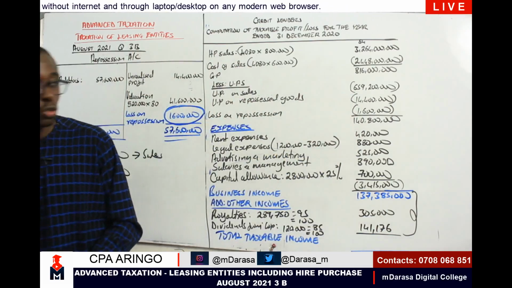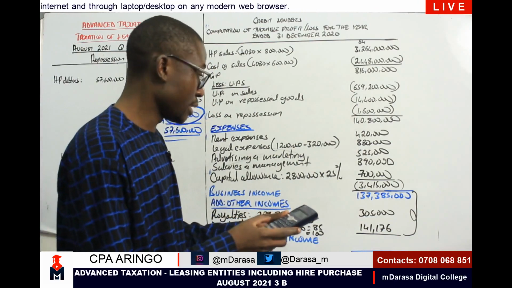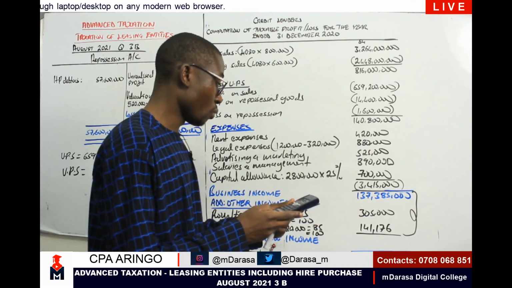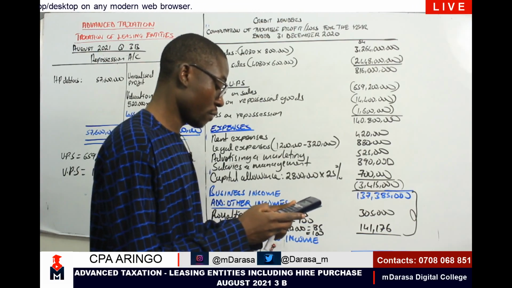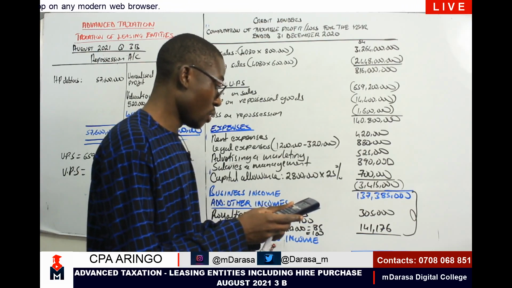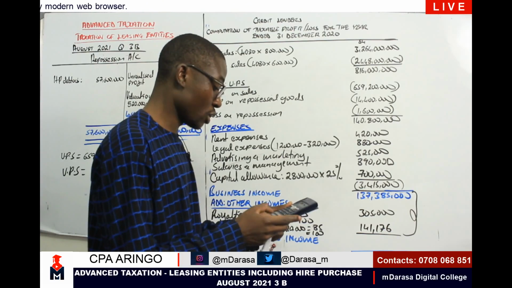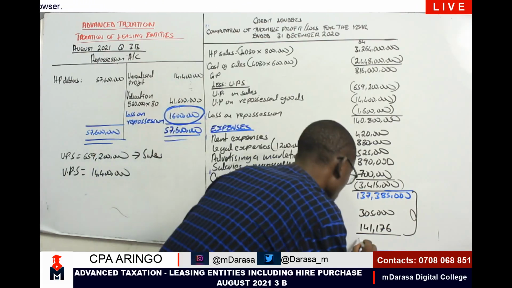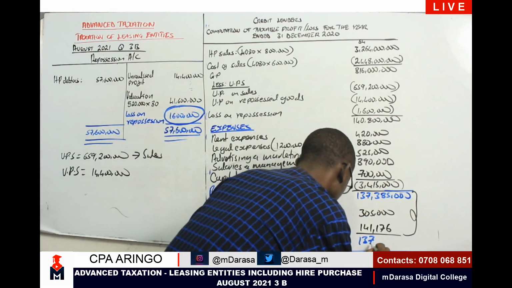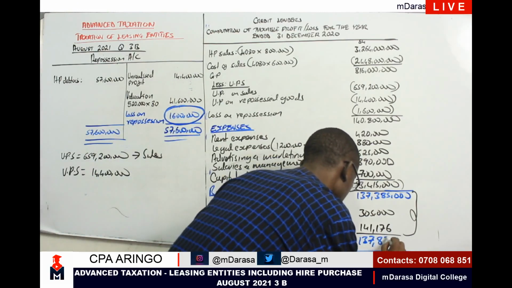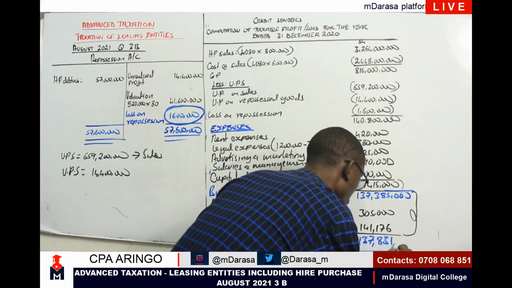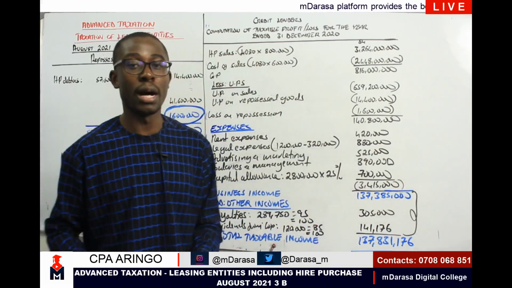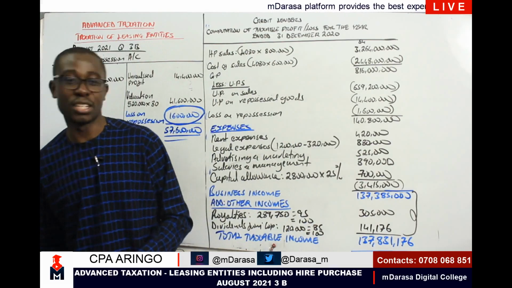We have 137,385, we add 305,000, we add 141,176. So that should give us a figure of 137,831,176 here. So that is what we were required to do in that question.